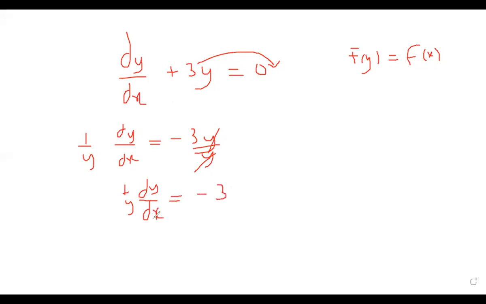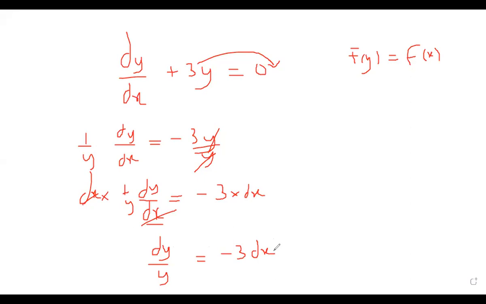Then what's next? We have dx here, right? So multiply both sides by dx. This will cancel out this, and then you have dy over y is equal to minus 3 dx. So what next?